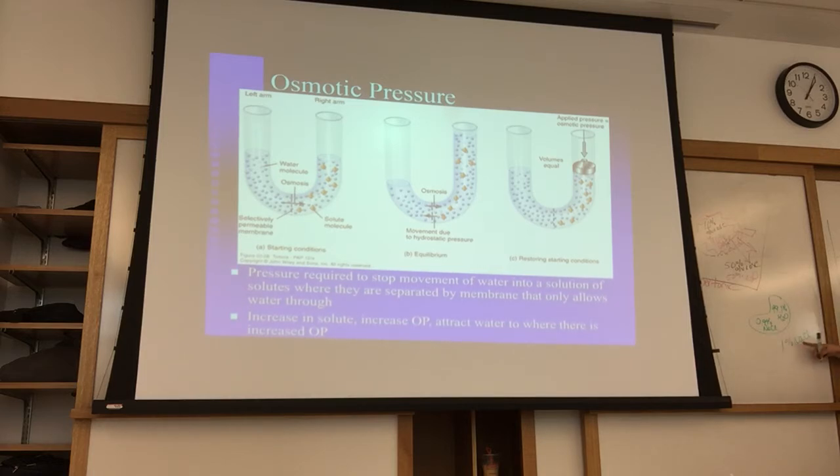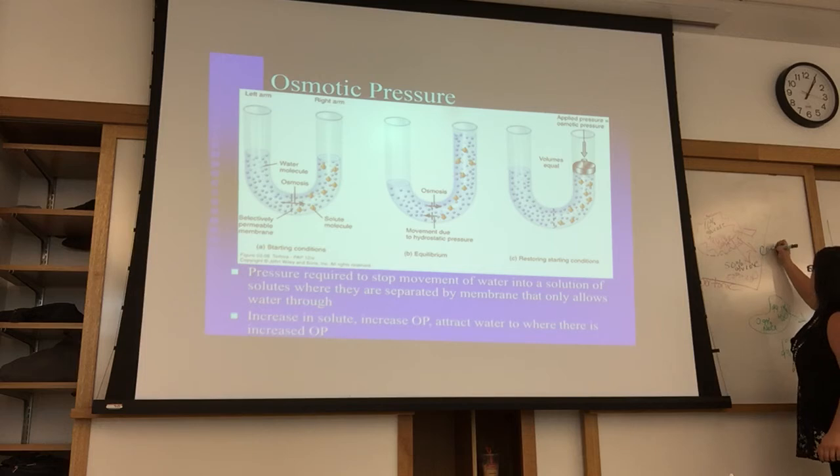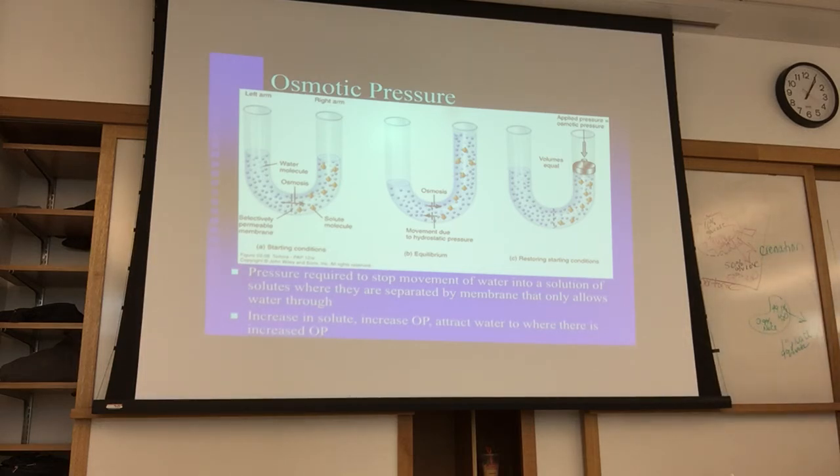If I have 1% sodium chloride, how much water do I have? I have 99. I have 99.1 over here. Here's my high. Even though it's a 0.1, it's still high. Water's going to leave. The red blood cell is going to shrivel up. It's going to shrink. That's called crenation. When your red blood cells crenate, they dehydrate, they get smaller.